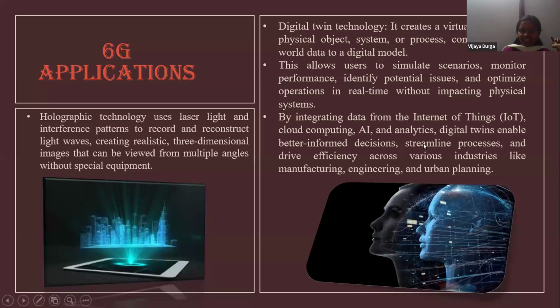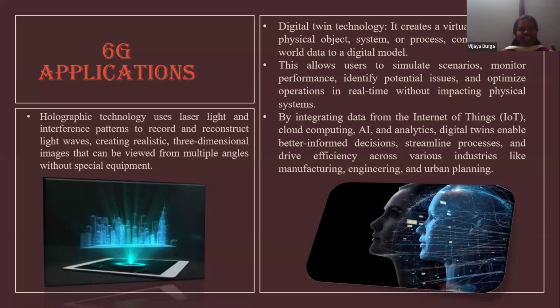And coming to the next one, digital twin technology. As the name implies, a digital twin creates a virtual replica of a physical object, whether it is a person, system, or process, anything, connecting real world data to a digital model. If you integrate data from IoT, cloud computing, edge computing, and AI, these digital twins enable better informed decisions and streamlined processes.